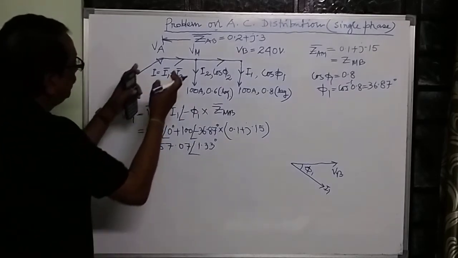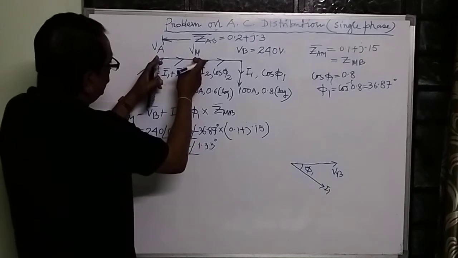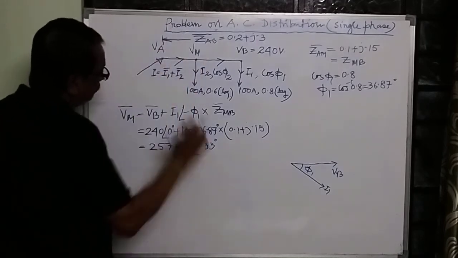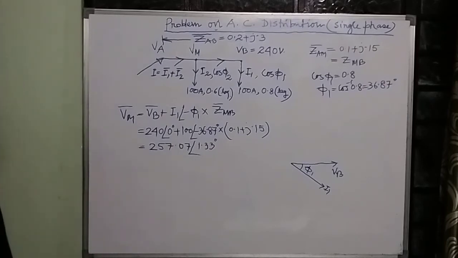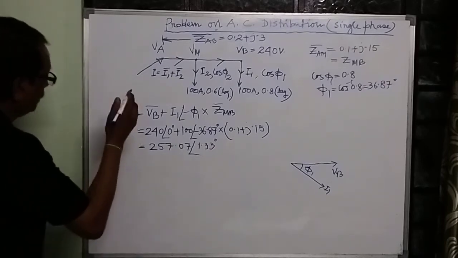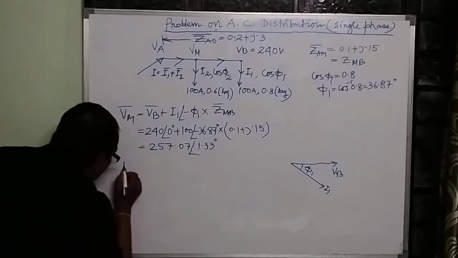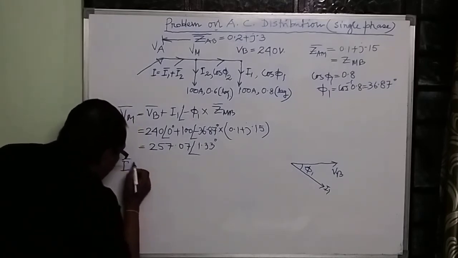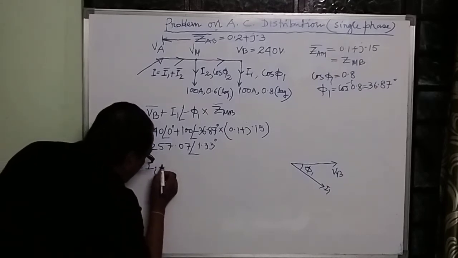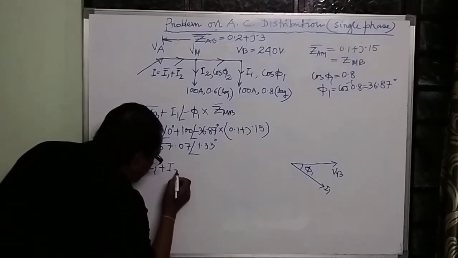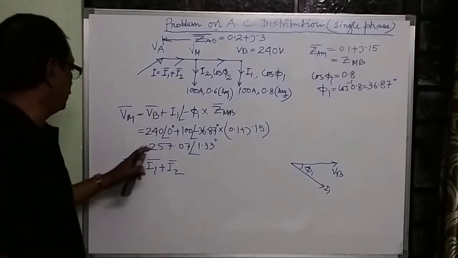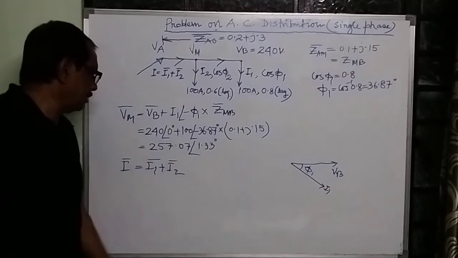Now the current in this portion is the vector sum of I1 and I2, equals I1 plus I2. Okay, at first we'll complete this vector diagram.